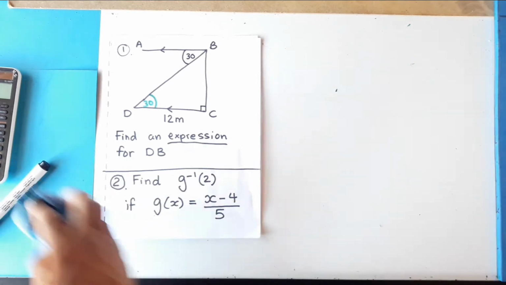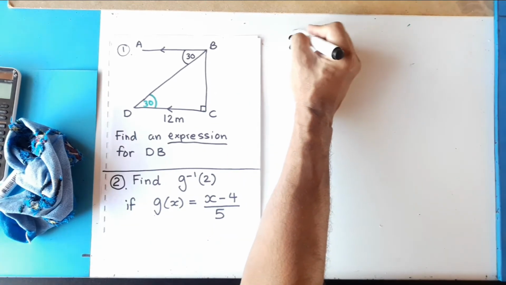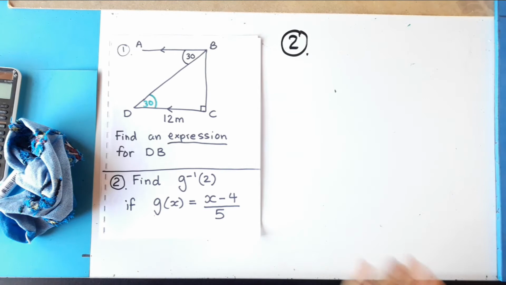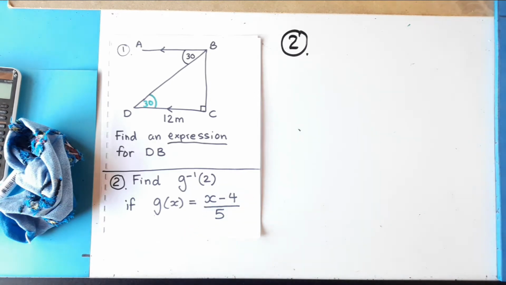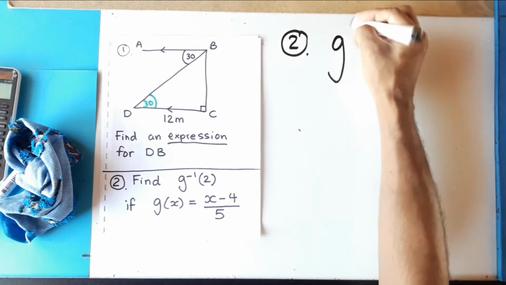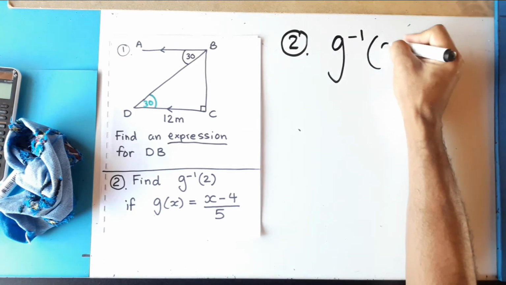All right, so question 2 seems to be, well, not seems, it is a functions question. And they said find g minus 1. Well, g minus 1 is really g inverse if g(x) is equal to this. So let me explain something. G inverse, and we have 2.